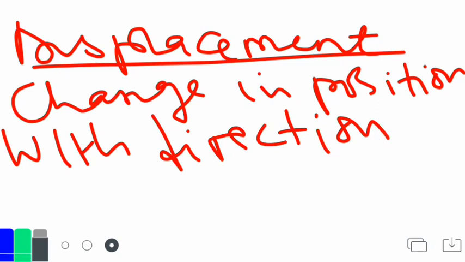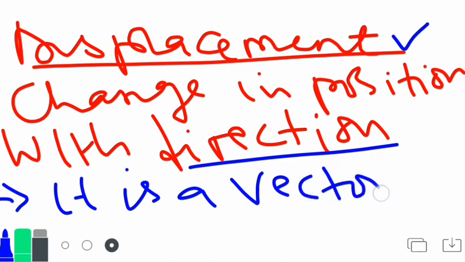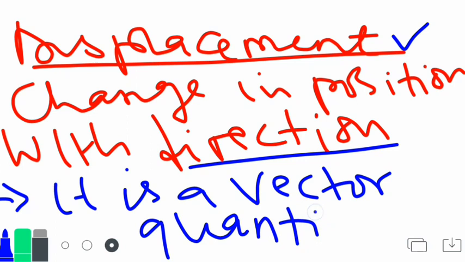So that's what displacement is all about, change in position with direction. So displacement is the same as distance, except that it is a vector quantity. That is what we need to understand. Displacement is a vector quantity.